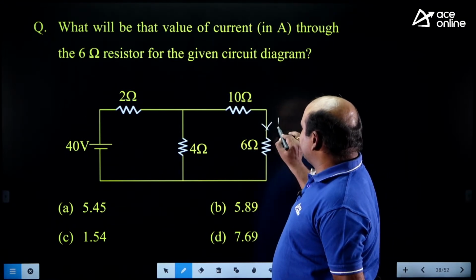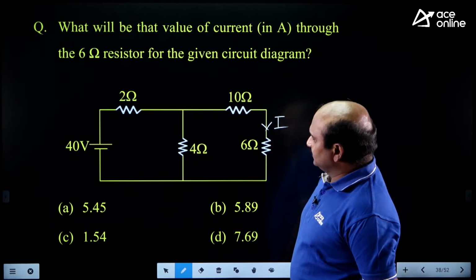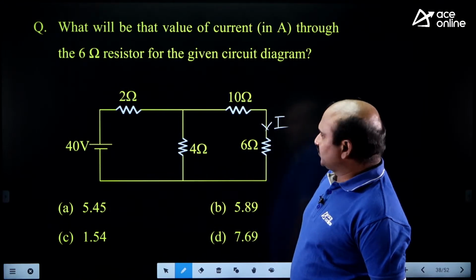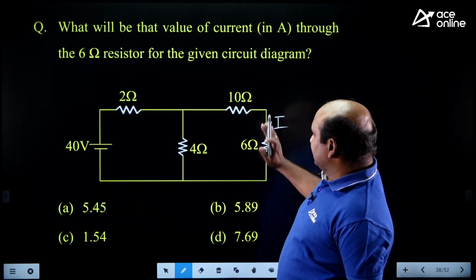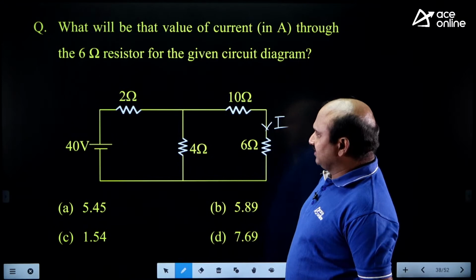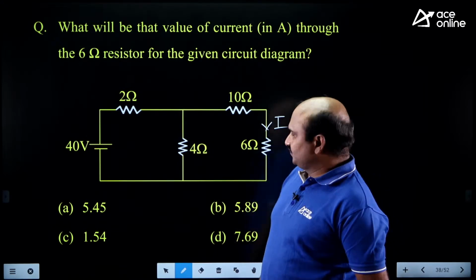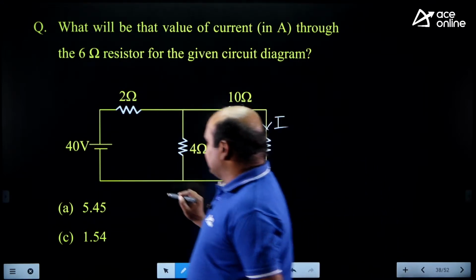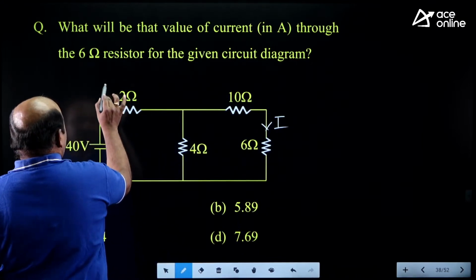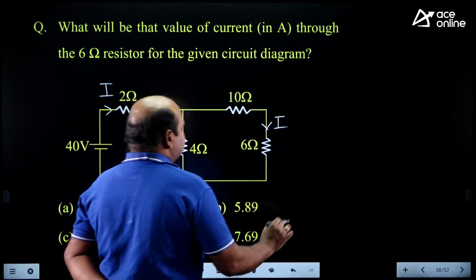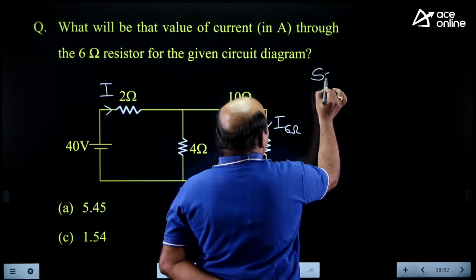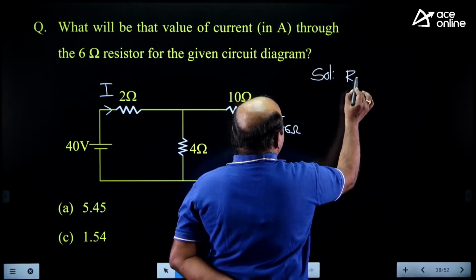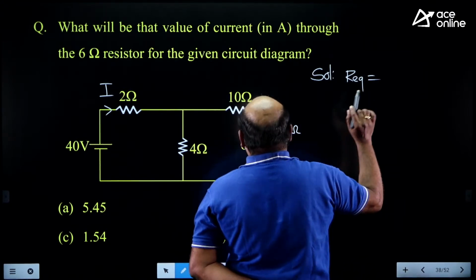Current we need to estimate for this one. How are you getting the current? 16 and 4 are connected in parallel, total in series with 2. First you have to find the resultant current. By knowing the resultant current, you can take I6, this is I through 6 ohms. Now, R equivalent value, how much? This will take some time to solve.